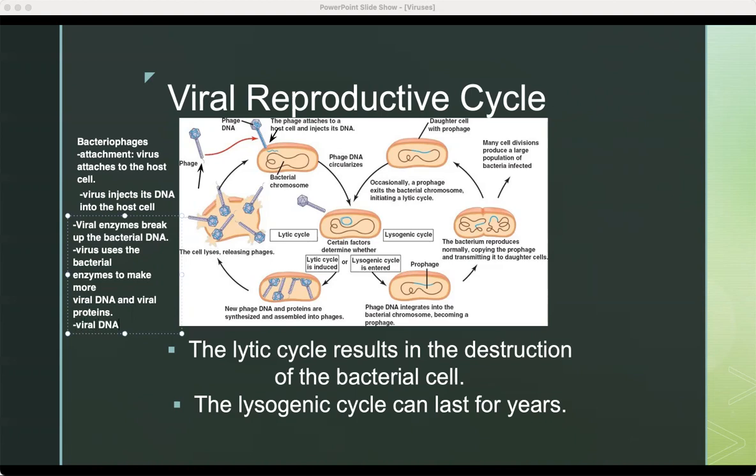So viral DNA and proteins are packaged into new viral particles, or virions. And then finally, the cell lyses or bursts. This is the bacterial cell, releasing all of those new virus particles.